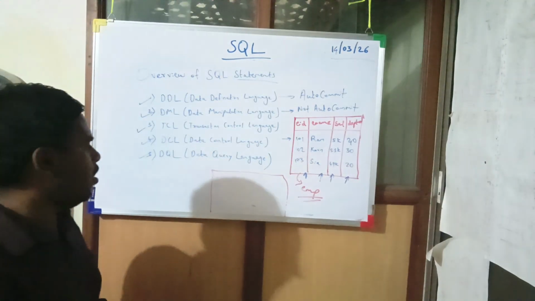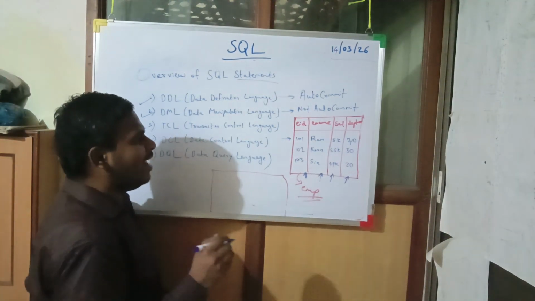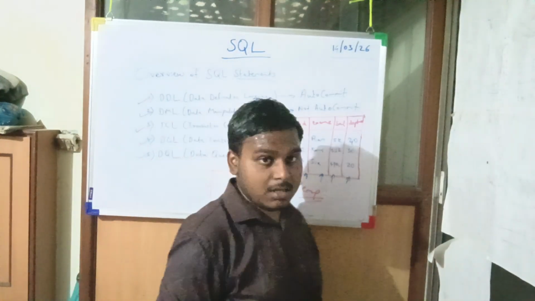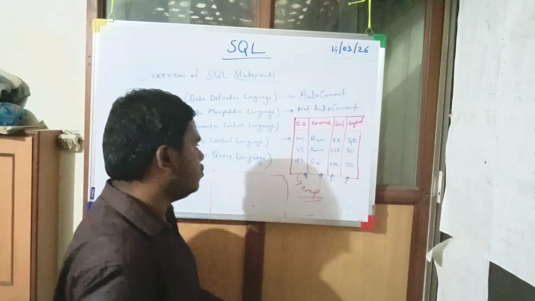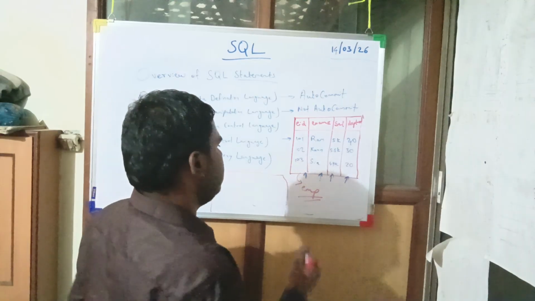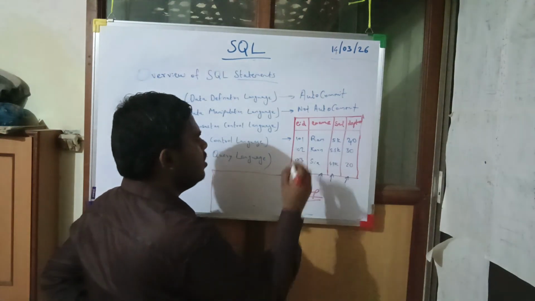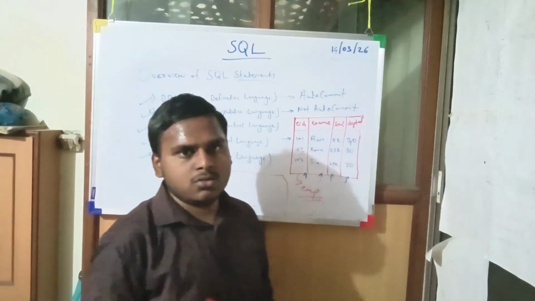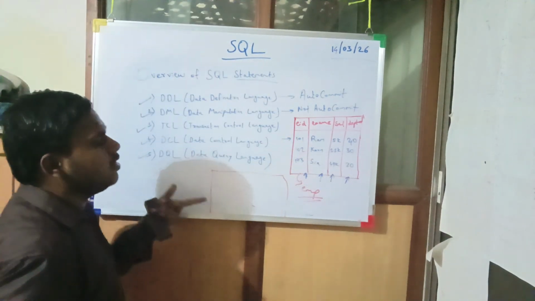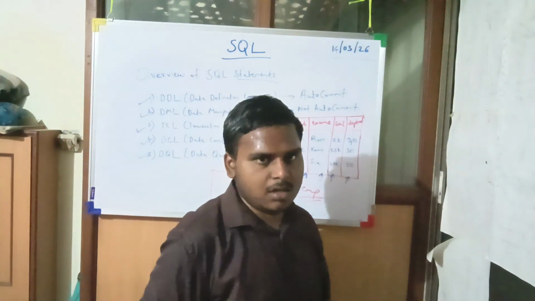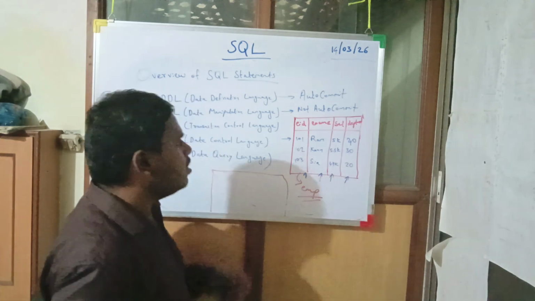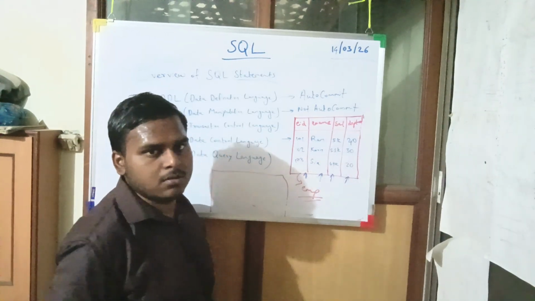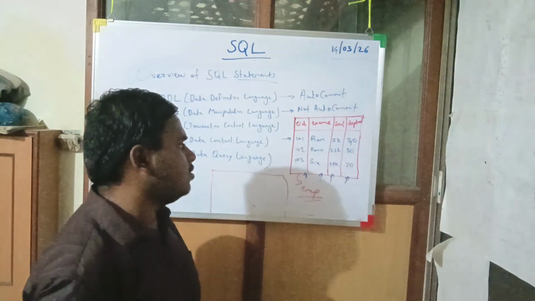Suppose I want the salary of Karan; there might be multiple Karans, so I want the salary of the Karan whose employee ID is 102. If this type of question is asked, what comes into the picture? DQL. I just want to fetch particular data. Or suppose I want to know the salaries of employees and display the salary column. Here also DQL comes into the picture.